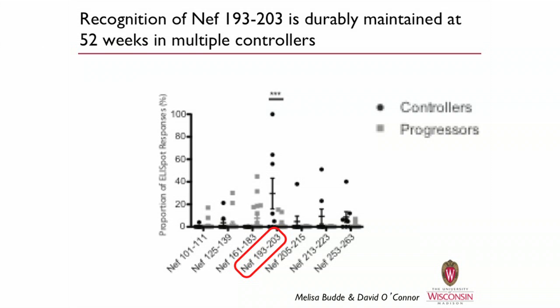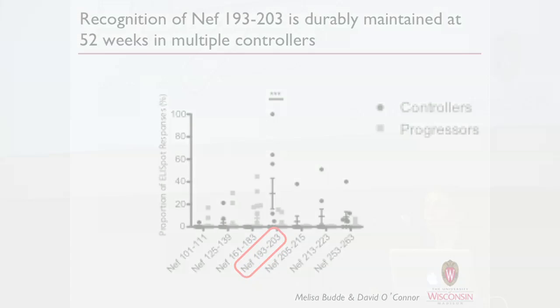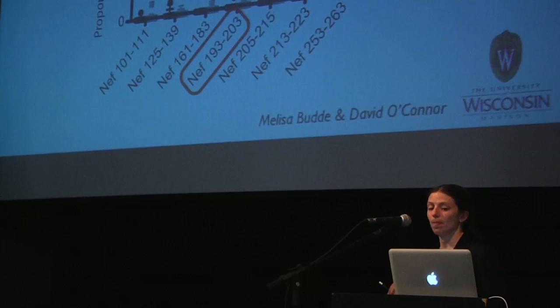And if you look here in this one peptide, NEF 193 to 203, the controllers were making a much more robust T cell response to this peptide than the progressors at about a year after infection. So these animals were able to strongly maintain this robust T cell response against this epitope a year after infection.